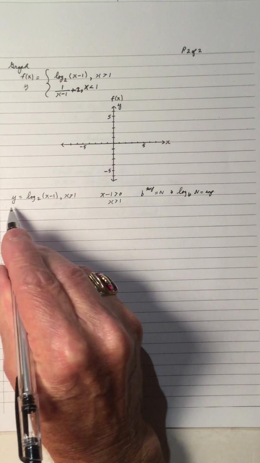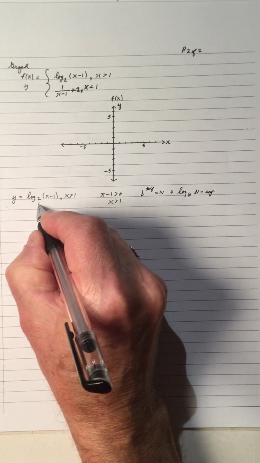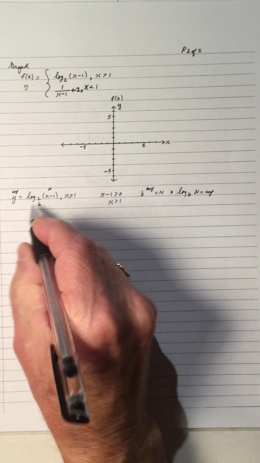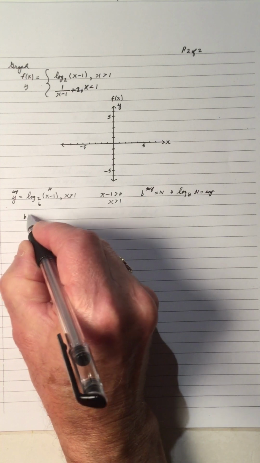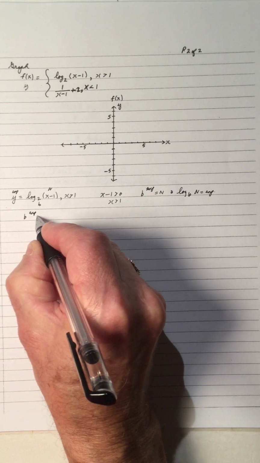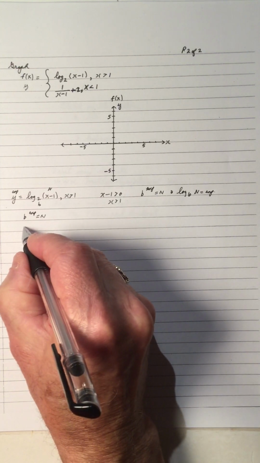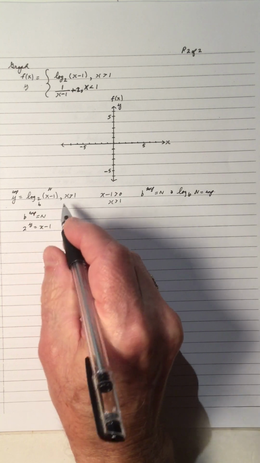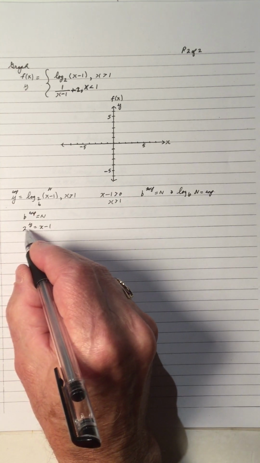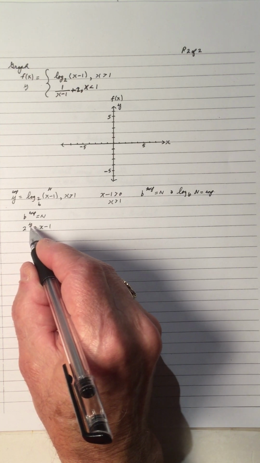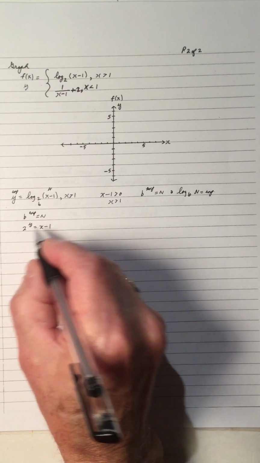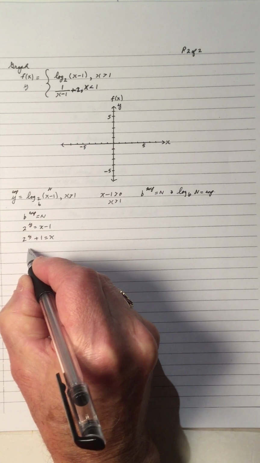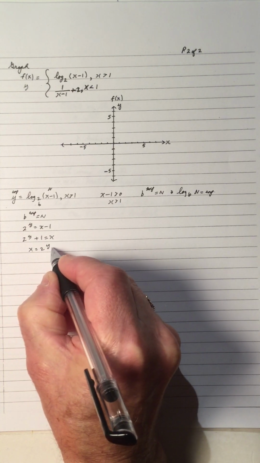So if we write it as base, exponent, number, the base is 2, the exponent is y, and the number is x minus 1. Normally we solve for y, but in logs it's reversed. So 2 to the y plus 1 equals x. So x equals 2 to the y plus 1.